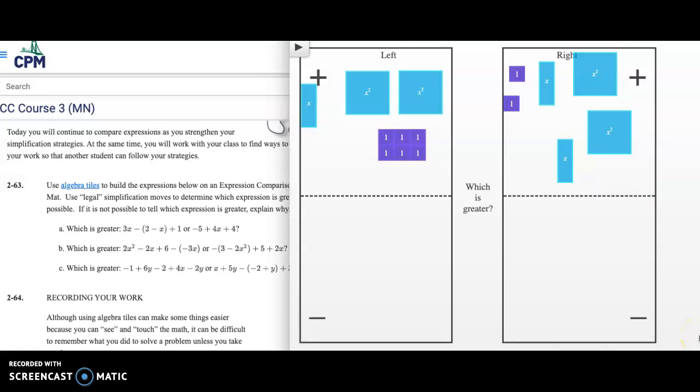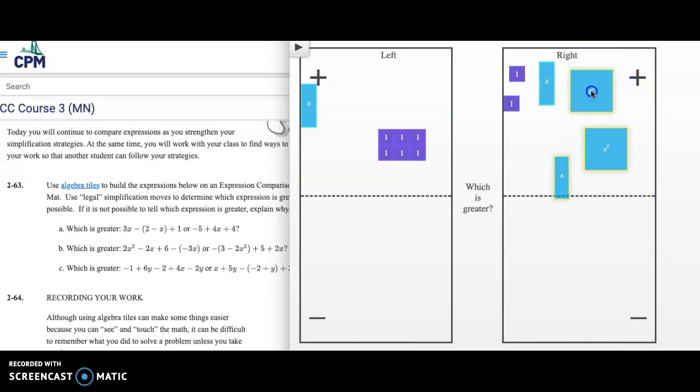So I don't have any more zeros to make, but now I can think about balancing or removing the same thing from both sides. So I see I have 2x squared on both sides, so I can take those off as long as I do the same thing on both sides. All right, and then I notice that I also have an x over on the left and an x on the right, so I can remove those from both sides.